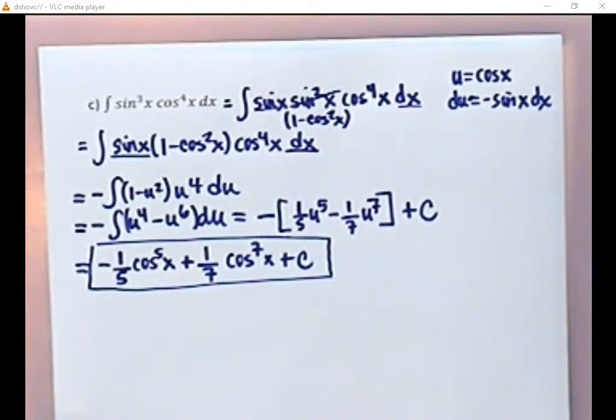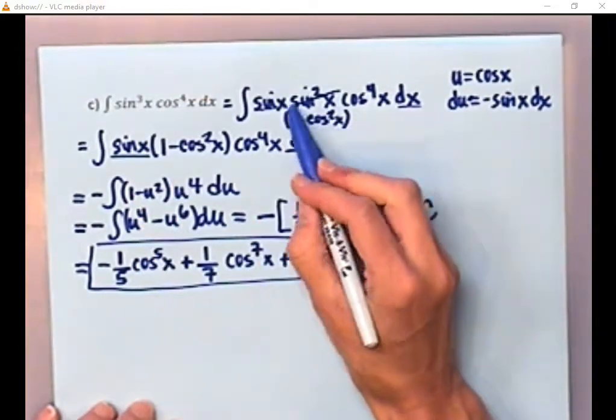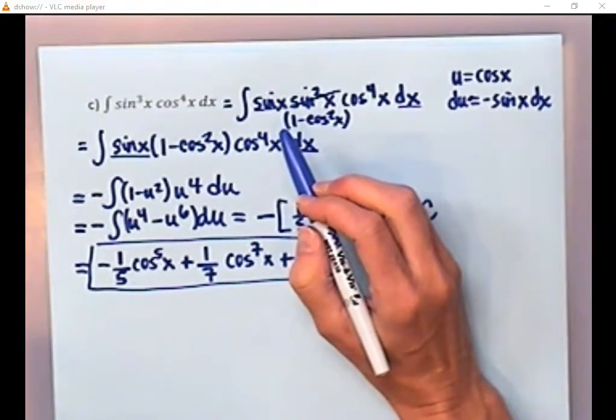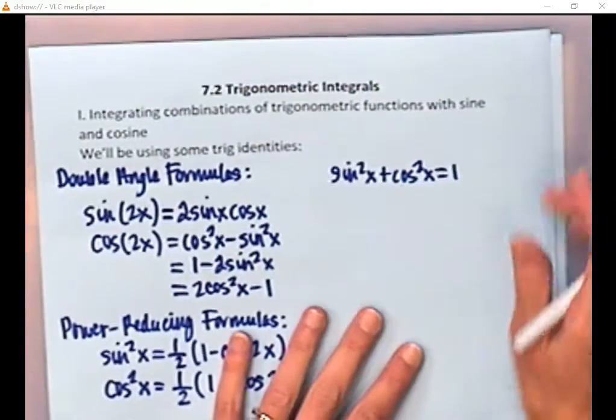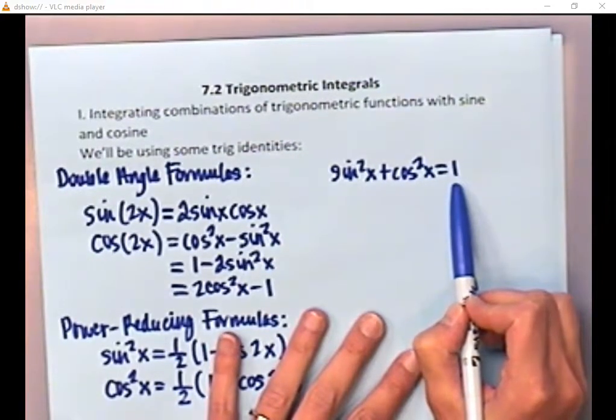So once we start getting, oh, question. I didn't do the power reducing here. Are you looking from here to here, or sine squared? Yeah, sine squared, I actually didn't use power reducing. I used the Pythagorean identity. So I used this one here. Do you remember that one? The sine squared plus cosine squared equals 1.